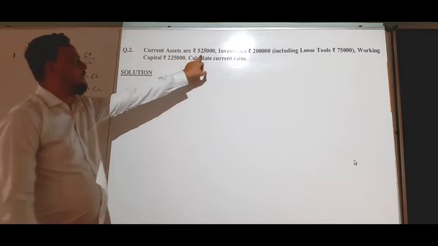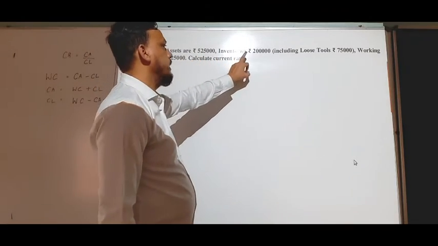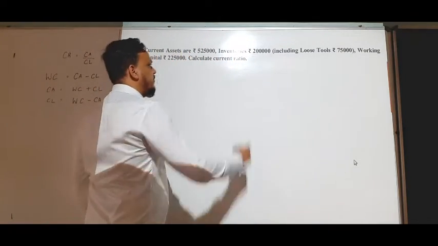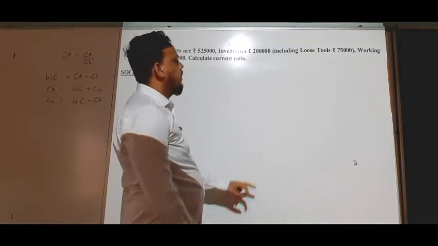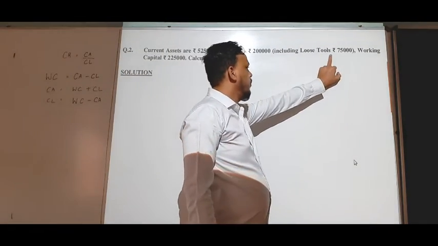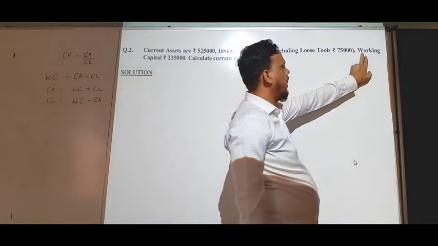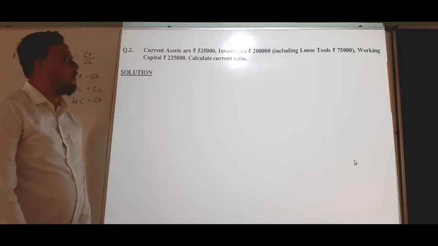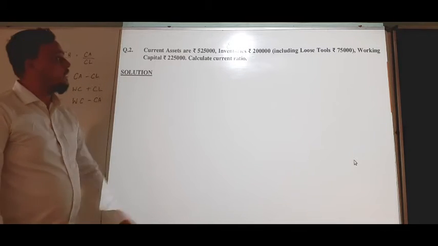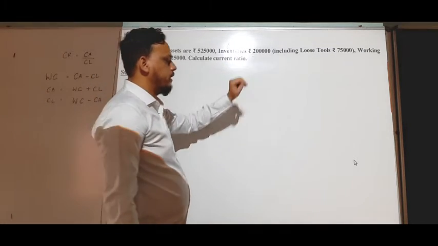One is current assets is 5,25,000, inventory. As you know, inventory is also known as stock. It includes loose tool of 75,000. Working capital is also given as 2,25,000. We have to calculate current ratio.